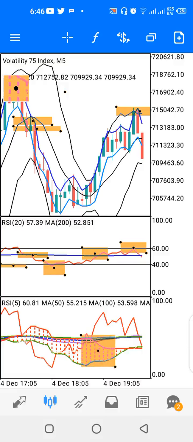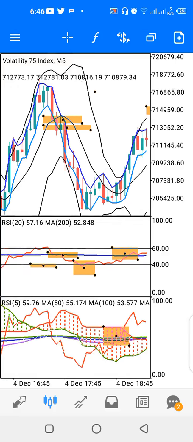For indicator window 2, when the red line, which is the RSI line, breaks above all other indicators, let it be moving average or Ichimoku, like you have around there, that's your buy signal. Let me take it again. When the red RSI line crosses above all lines and Ichimoku, then you have your buy signal.